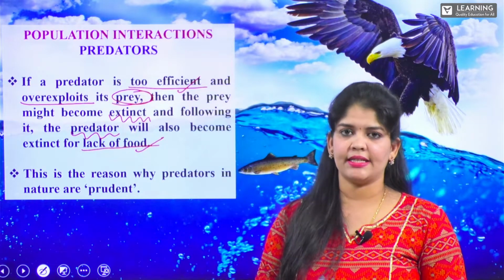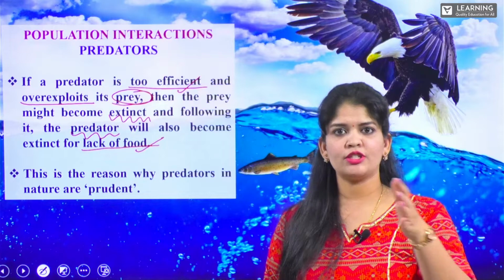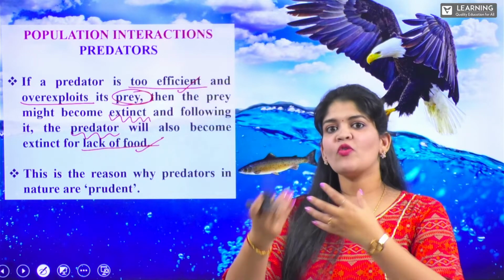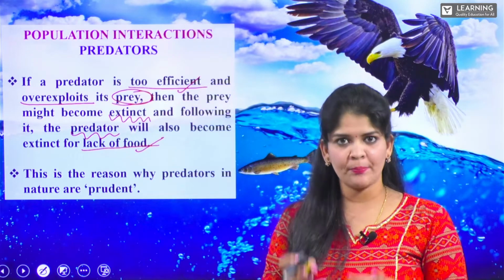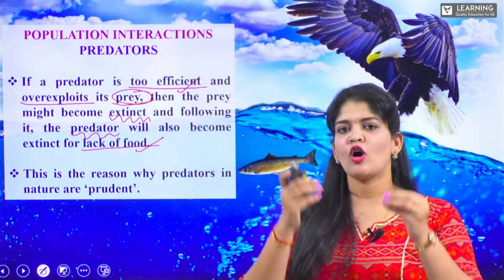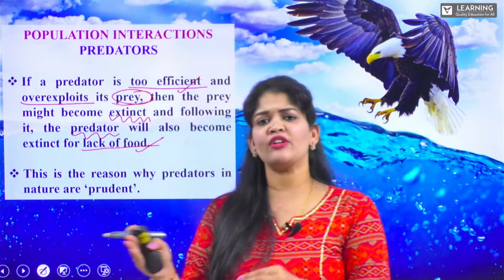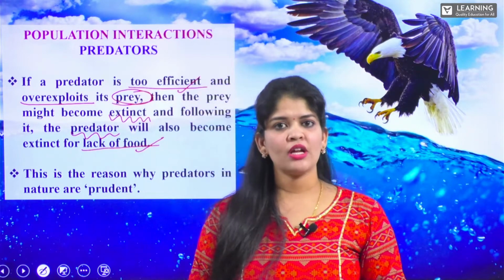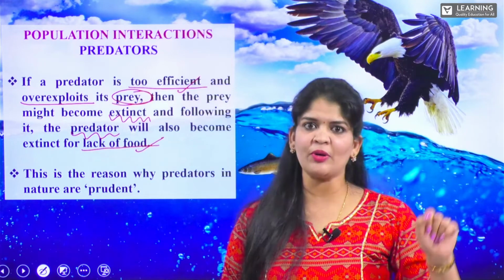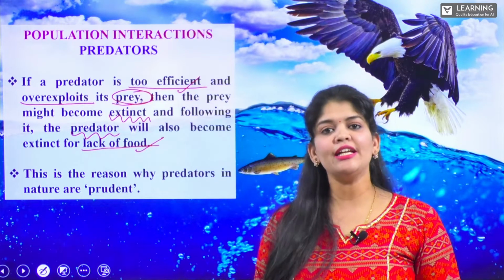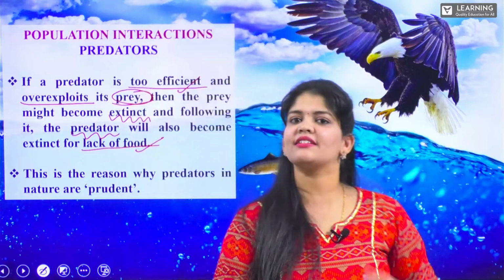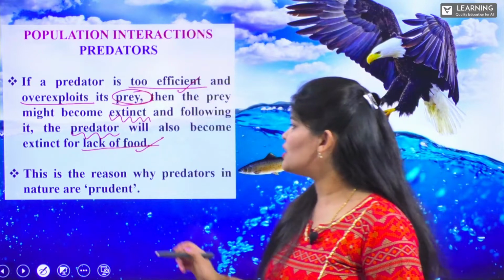First, let's understand: the predator feeds on the prey. It is overexploiting the population of the prey such that the population of the prey is decreased very much. Therefore, the prey is not available for the predator, and it leads to the extinction of the predator itself, right?